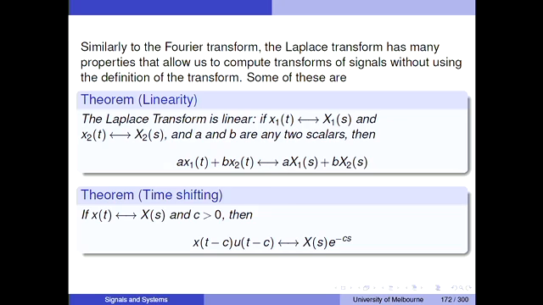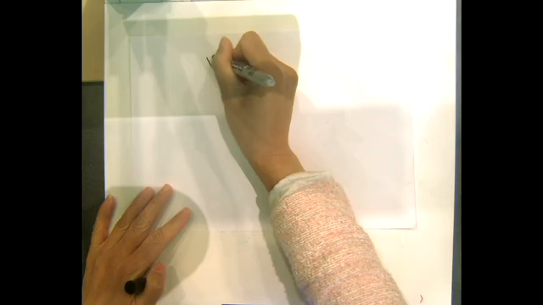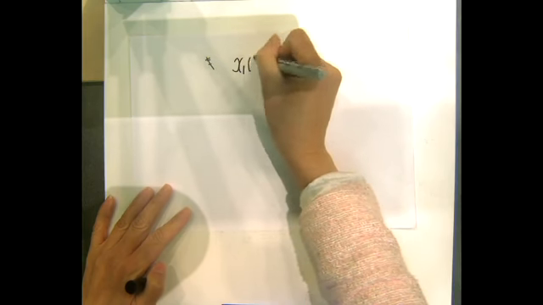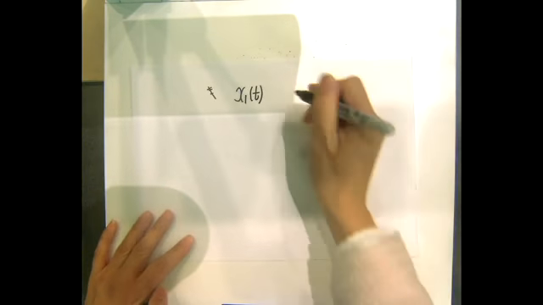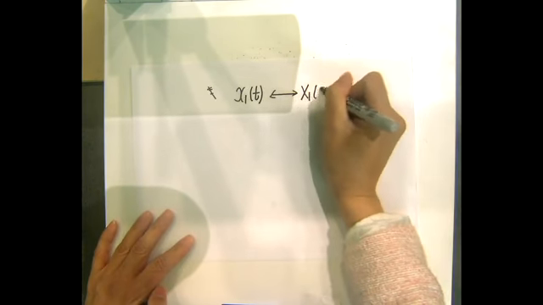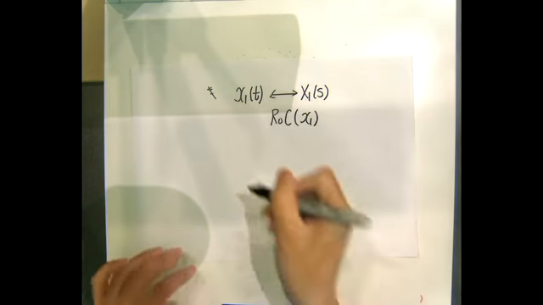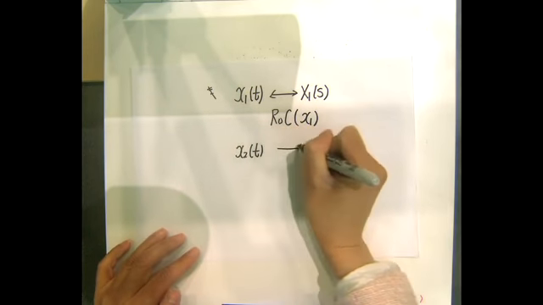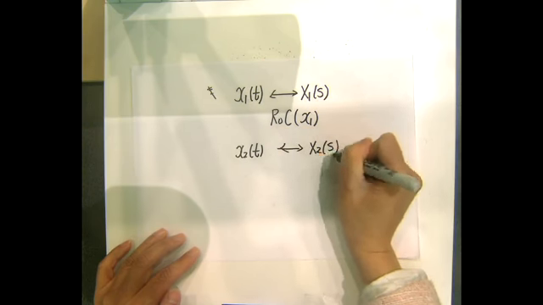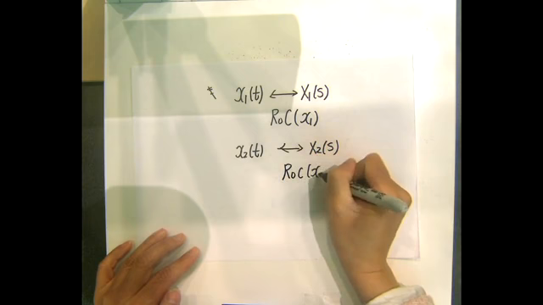Okay. So when I'm talking about the linearity, what I was talking about: if I have x1(t), I will write down my X1(s), and I have the region of convergence of X1, and x2(t), I will have my X2(s), and the region of convergence of X2.